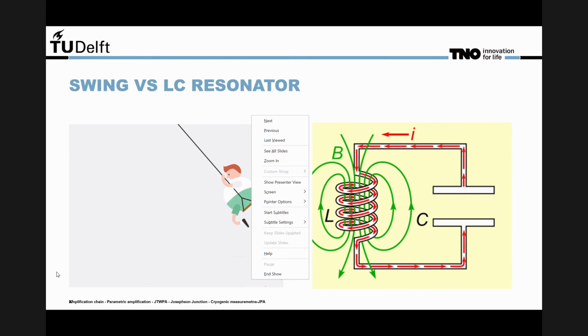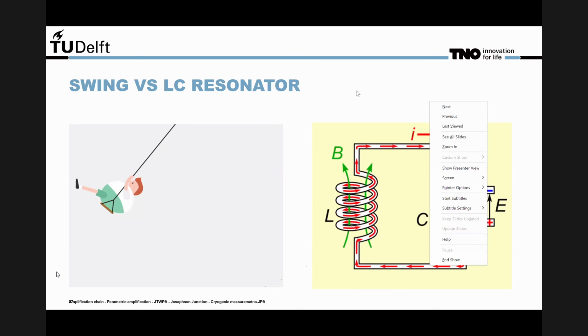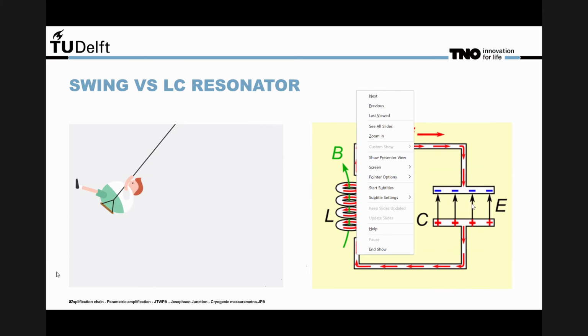To keep it short, the inductor stores energy inside of a magnetic field, indicated with the green lines here, the B. And the capacitor stores the energy inside of an electric field, indicated with the black lines.